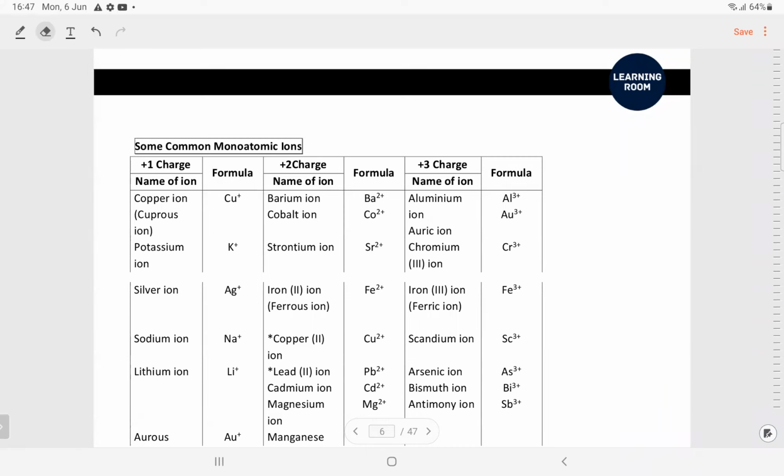Okay, it's the same for beryllium. Lithium. Beryllium. Boron, it will be shared. Clear? Now we can move to the next one.